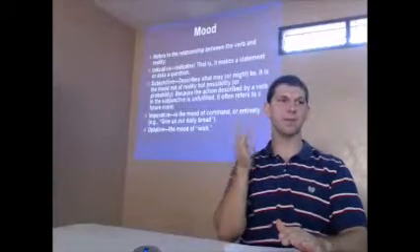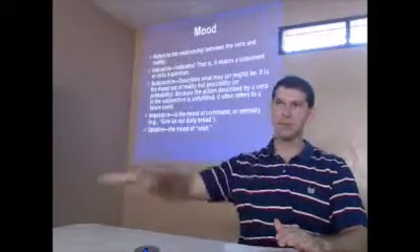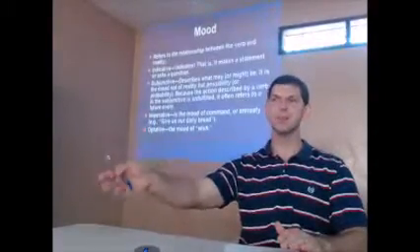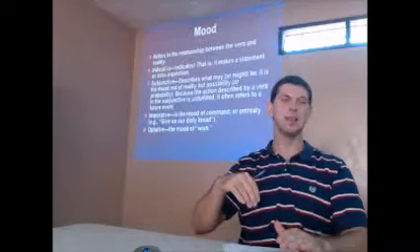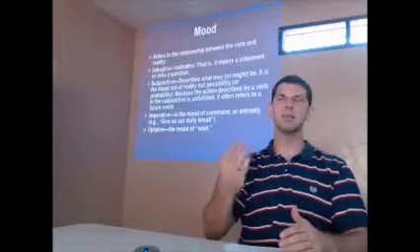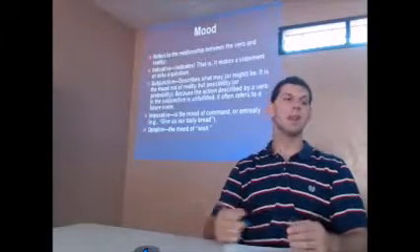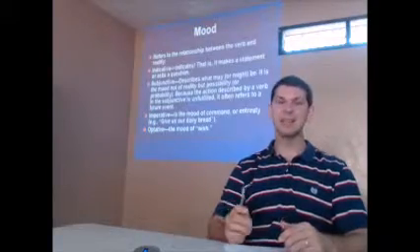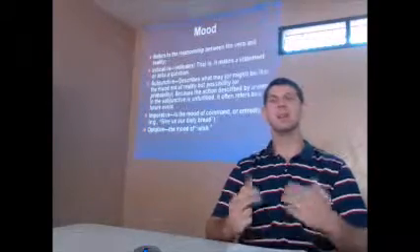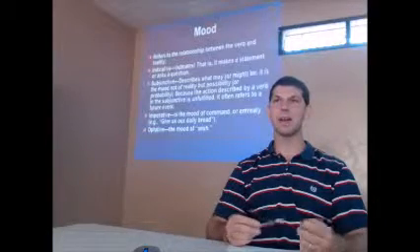But do you see the different moods we have? Indicative: this is a present reality. Either I'm telling you something or I'm asking you something. Subjunctive: it's something that is possible or probable. It may happen. It might happen. When we have imperative, it's a command. And optative, it's sort of like a wish or a desire. So are you following that?